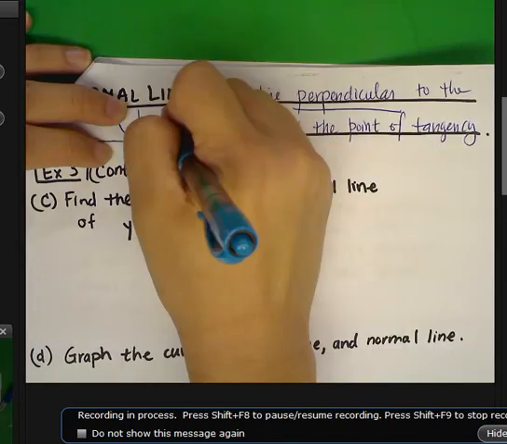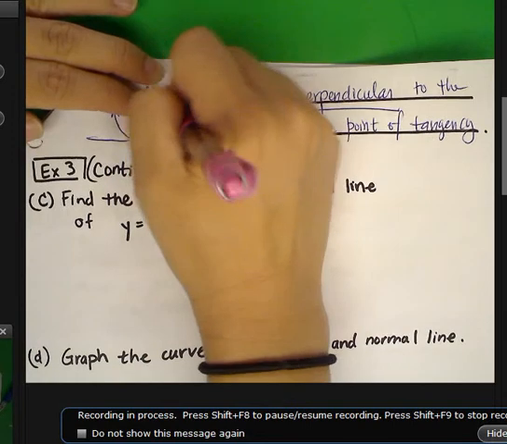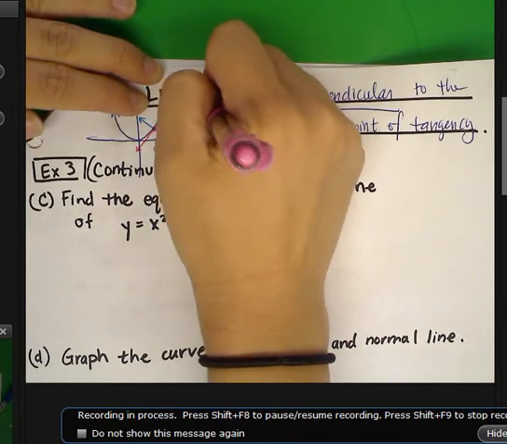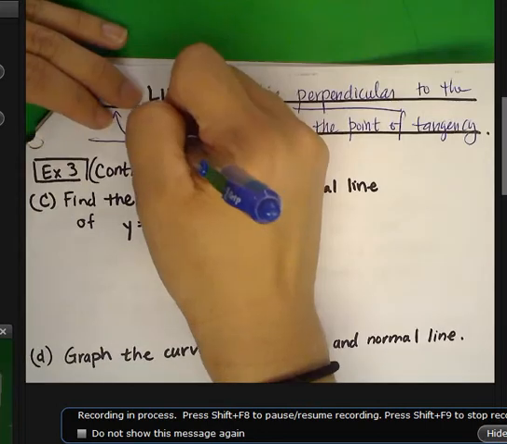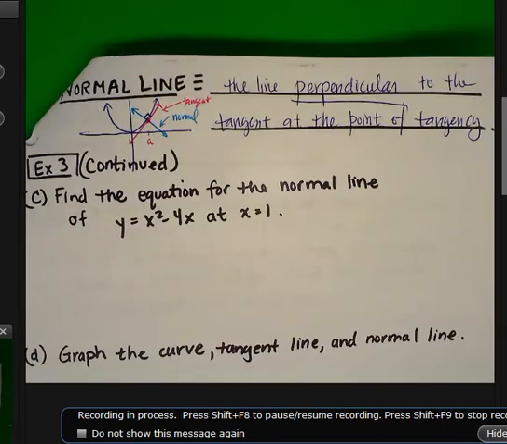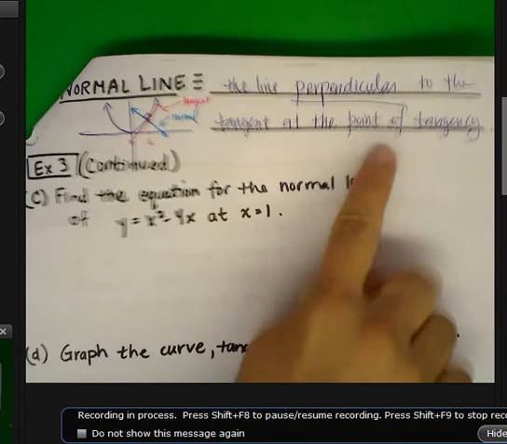That's the normal line, and that's the tangent line. It's just perpendicular. It crosses at the same point, at the point of tangency. The point of tangency is that point.